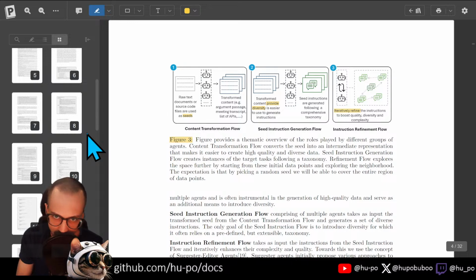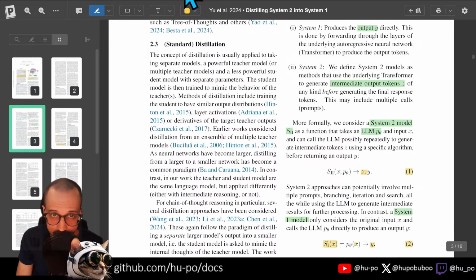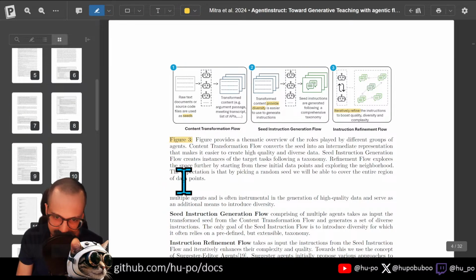A different type of plateau might come from the data itself, right? So you can keep making a model bigger and bigger, but if your data set is a limited size, at some point you're going to start plateauing on the data set itself. So there are different reasons for plateaus, but these synthetic data creation strategies are ways of pushing past the data plateau, which is what a lot of people think we're currently on, right?